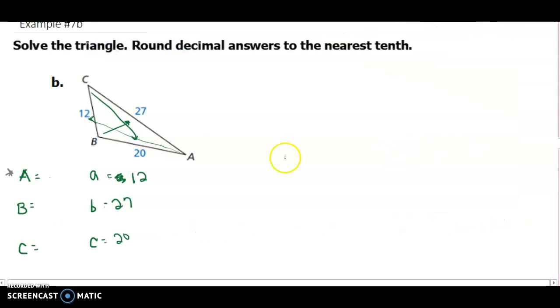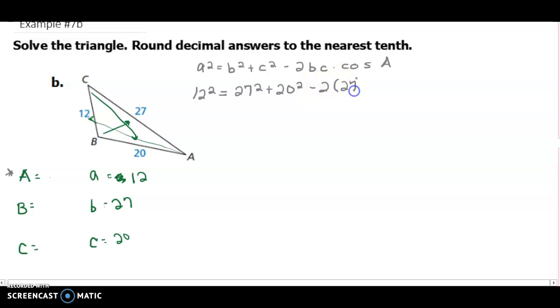Okay, so A squared equals B squared plus C squared minus 2BC times cosine of big A. And when I plug that in, I get 12 squared equals B squared plus C squared minus 2BC times the cosine of A.